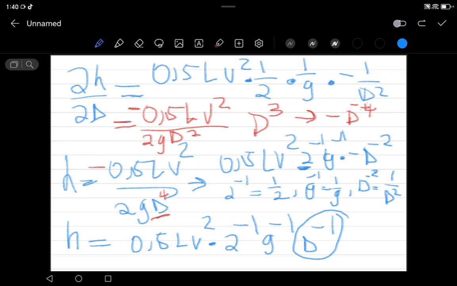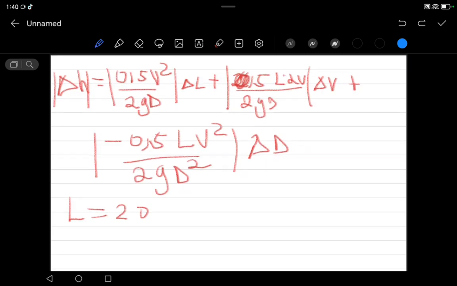So it's going to depend on the power of d. If d is to the power of 1, it's going to be a negative over d squared. And if it's to the power of 3, it's going to be a negative 3 on the numerator, and then on the denominator it's going to be d to the power of 4. Yeah, you can do that, yes.